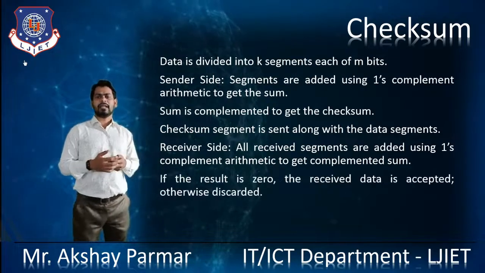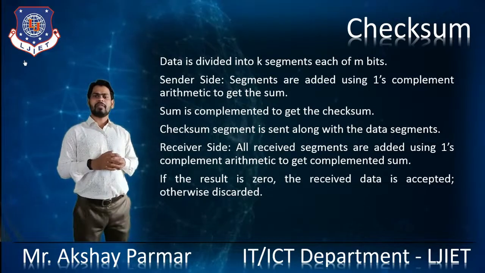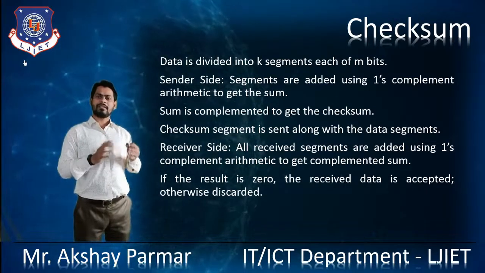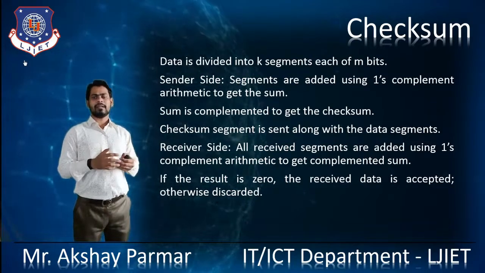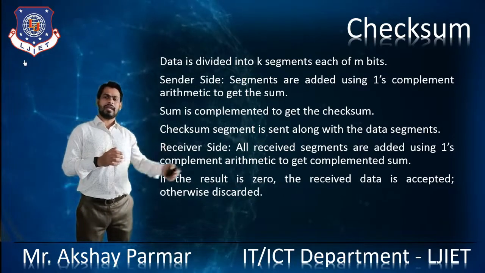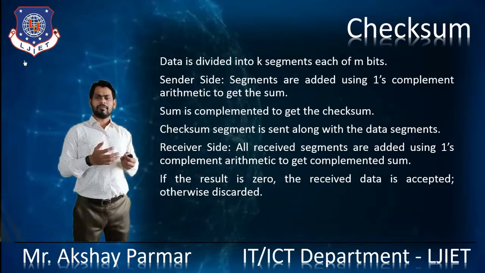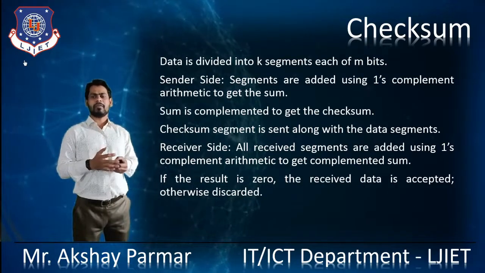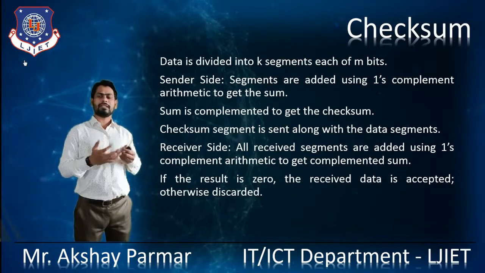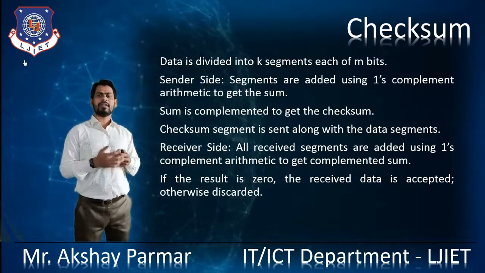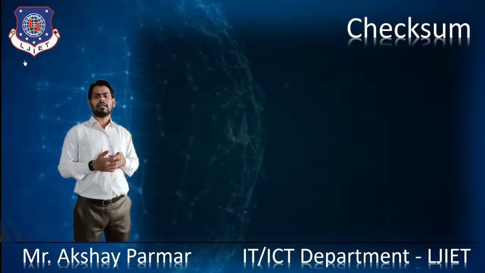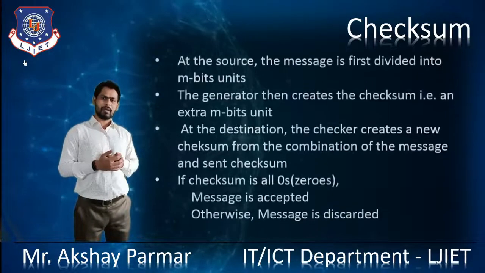At the sender side, the segments are added using ones complement arithmetic to get the sum; at the receiver side, all the received segments, including the checksum, are added using ones complement arithmetic to get the complemented sum. If the result is 0, the received data is accepted, which means there is no effect of error during the transmission. Otherwise it is discarded. If it is not 0, then an error has happened, so we simply discard it. That's how the checksum works.